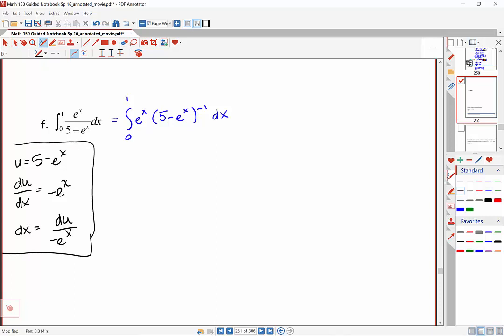Okay, so whoops, what am I forgetting? I needed to change my limits of integration. So u of 0, so the lower one, will be 5 minus e to the 0, which is 4. And u at 1 will be 5 minus e to the 1, which is just 5 minus e.